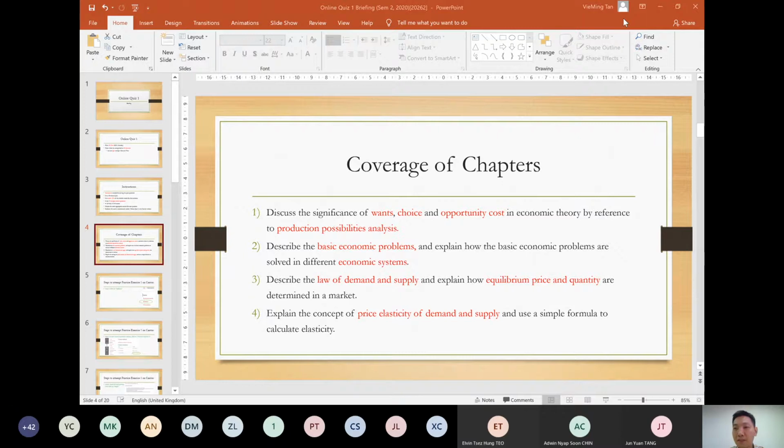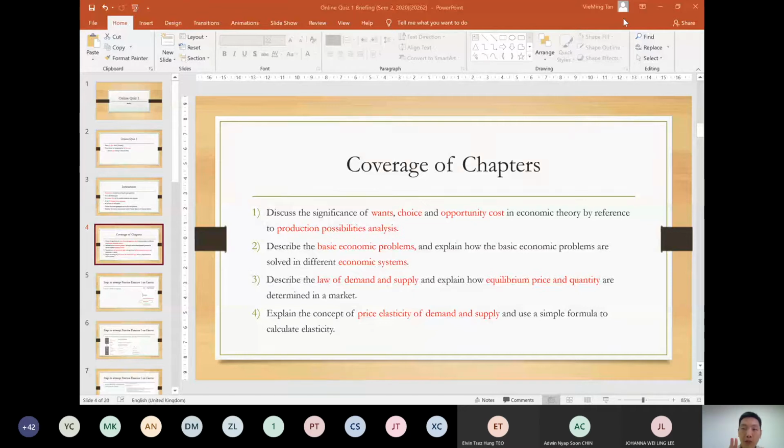Volunteer? Value of the best alternative that is foregone for a better satisfaction. Correct. So that is the value of the second best alternative that has to be forgone in order to obtain the best value of product or service.